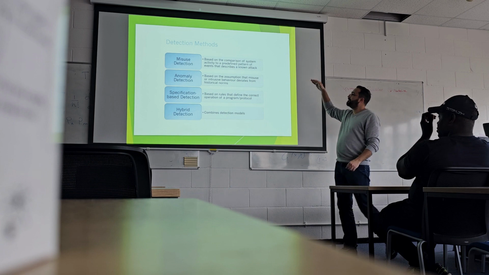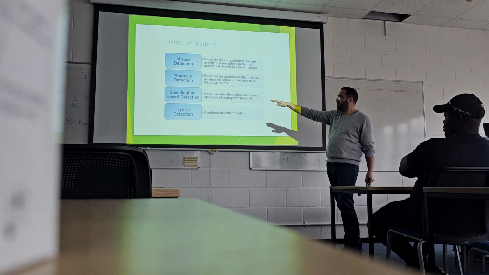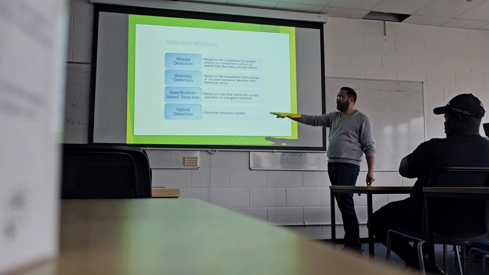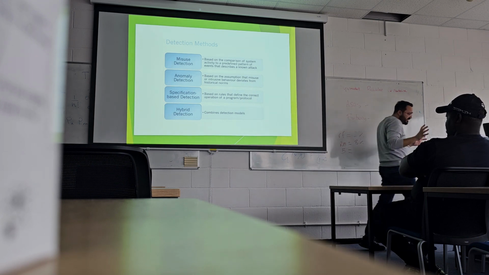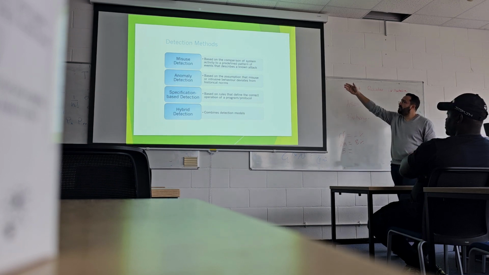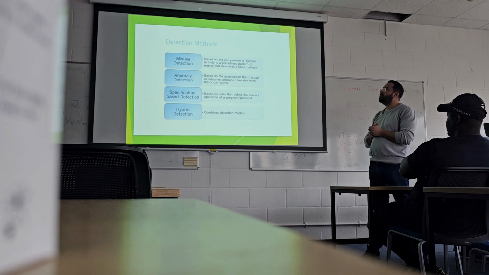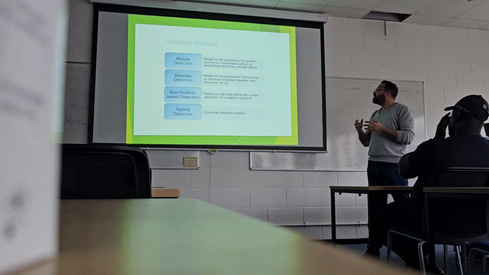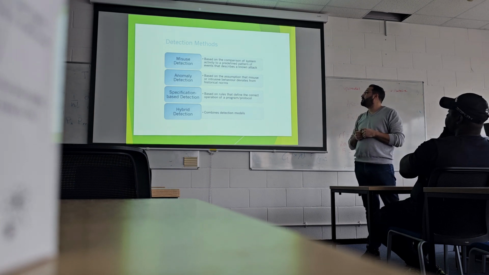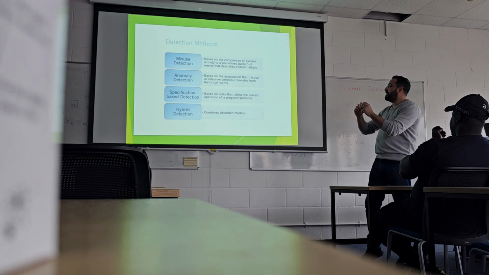Detection methods. We have misuse, anomaly, specification-based detection, and hybrid detection. So what's the difference? Misuse detection is based on the comparison of the system activity to predefined patterns of events. Anomaly is based on the assumption that misuse or intrusion differs from the historical norm.